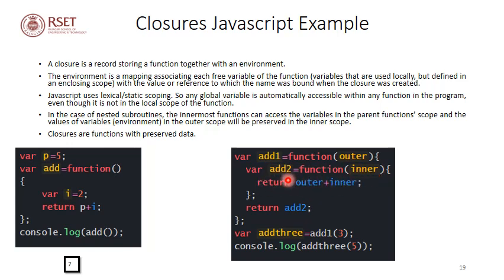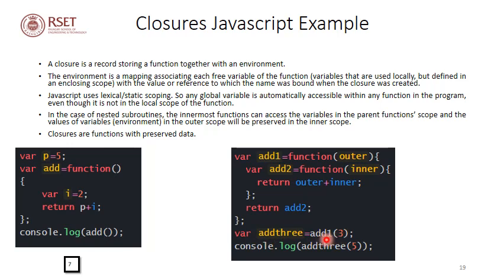So whenever we are in add2, the value of the outer parameter is always accessible within add2, and that value will be preserved in add2. And you can see that add1 returns add2.